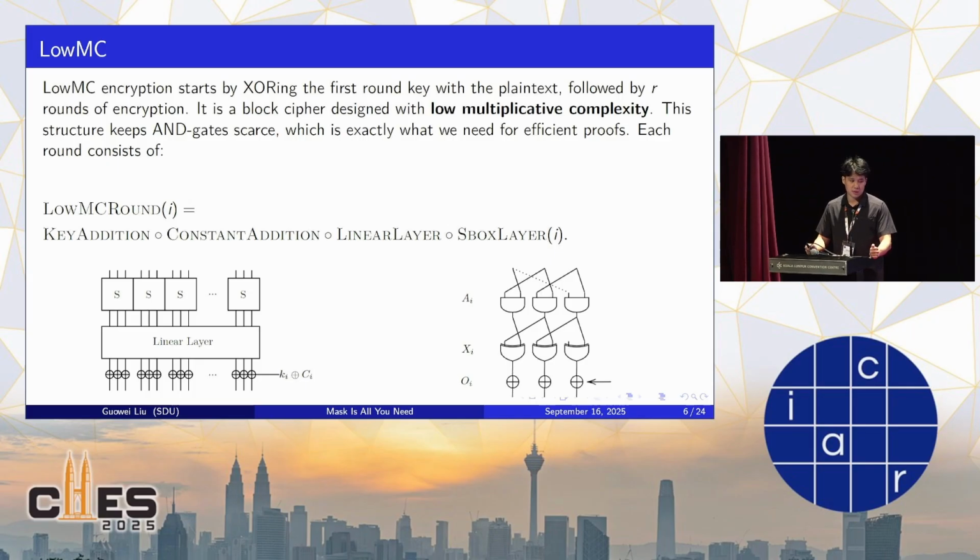Each round consists of an S-box layer, a linear layer, a constant addition, and a key addition. The picture on the right side is the circuit model. The AND gate represents the S-box layer, the XOR gates represent the linear layer, and the XOR layer represents the constant addition and the key addition.